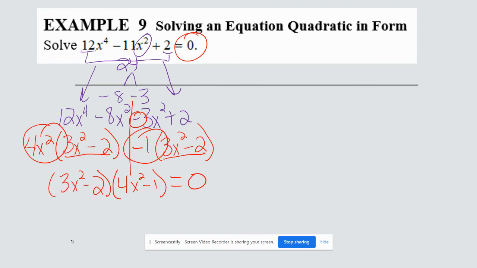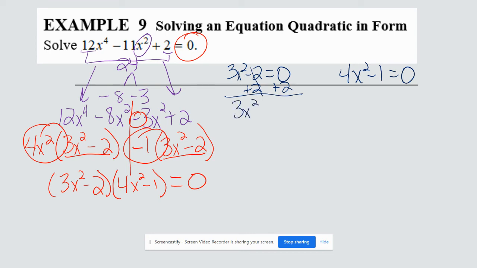Now that I have these, we can start with the solving. Remember, we take each parenthesis, set it equal to 0, and solve for x. The opposite of subtracting 2 is adding 2, so we're adding 2 to both sides. Those add to 0.